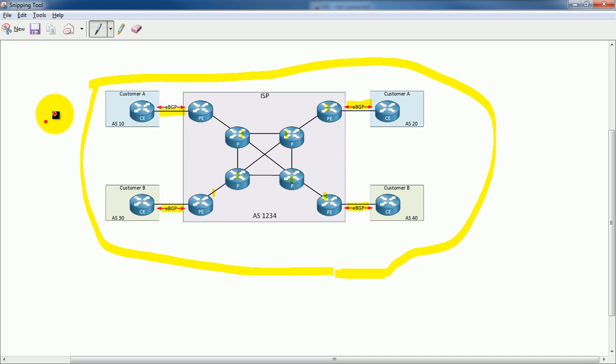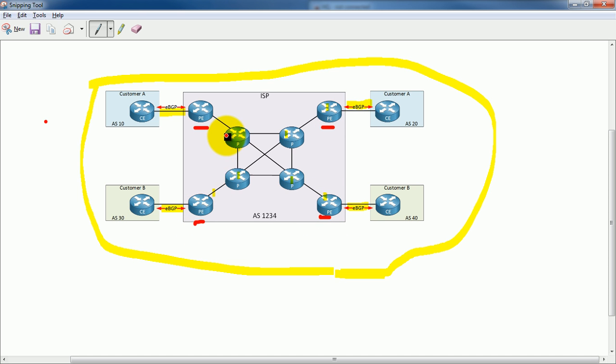Now, something to think about: when our goal is to have connectivity between two customer sites, why should all the internet P routers know about it? The only routers that need to know how to reach the customer sites are the PE routers of the service provider.